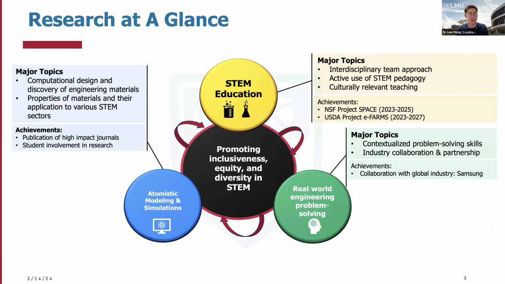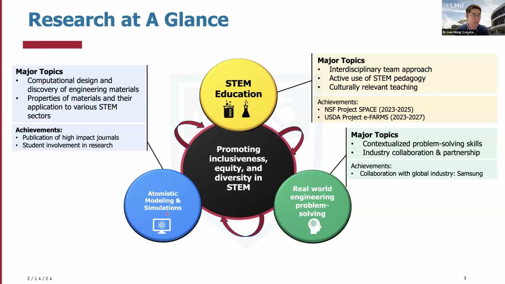Let me briefly give you an overview of my research at a glance. Let me use my laser pointer. My research is based on atomistic modeling and simulation, specifically reactive molecular dynamics.